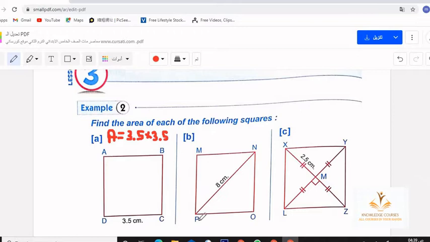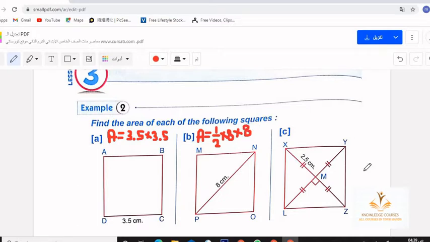In this case, diagonal equal 8. So area equal half multiply diagonal multiply diagonal equal half multiply 8 multiply 8.